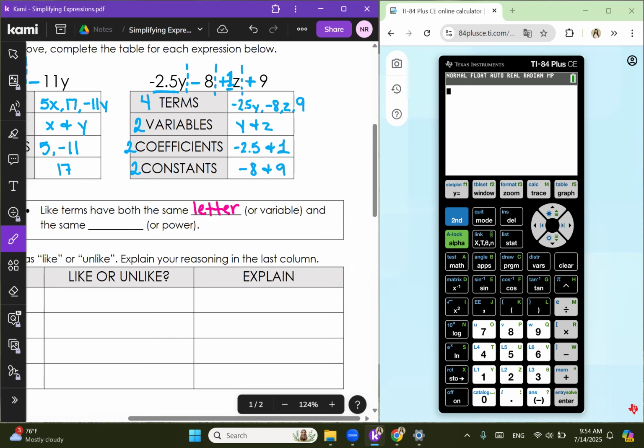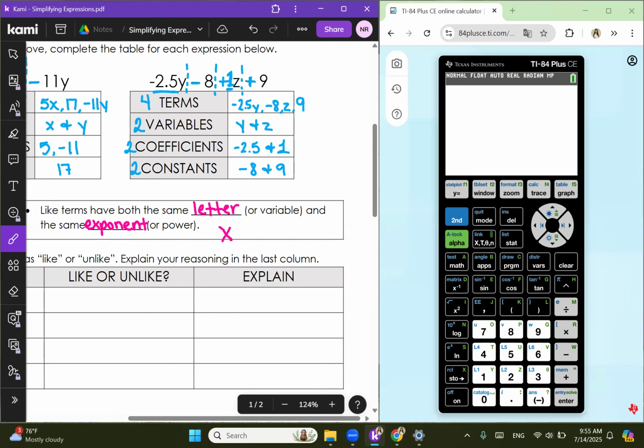Okay, and it has the same power. Power is another word for an exponent. Get used to this vocabulary because they don't use letters and powers on the STAR test. They use variables and exponents, okay? So same variable, same exponent.